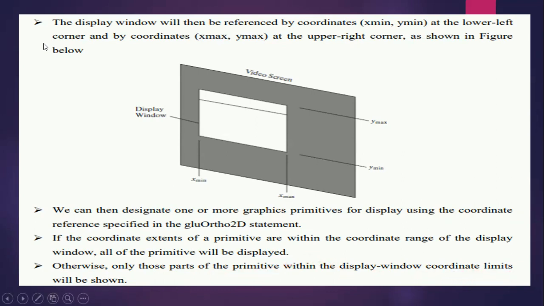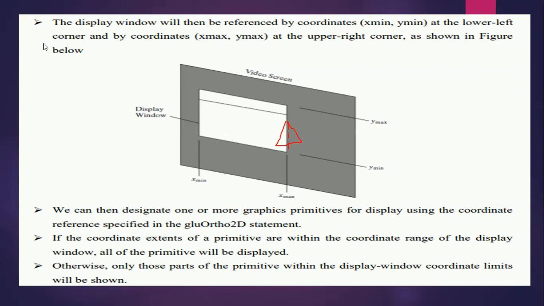So that means if you want to draw a triangle, and some portion of the triangle is represented outside the boundary, that is the ortho 2D, orthogonal 2D boundary you have, then the little portion of the triangle will be clipped off.